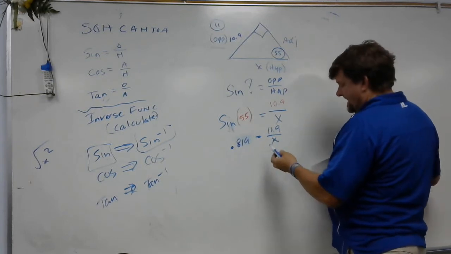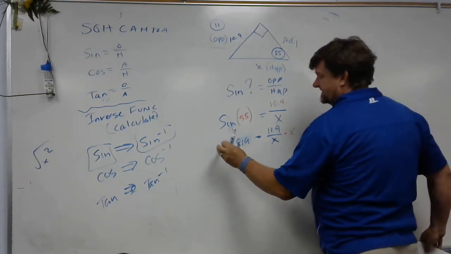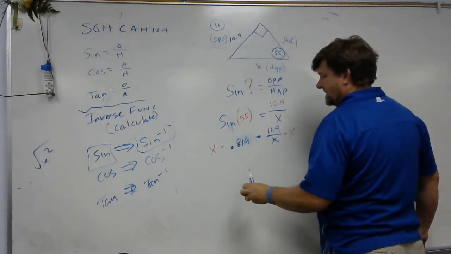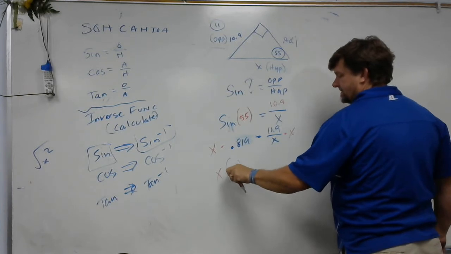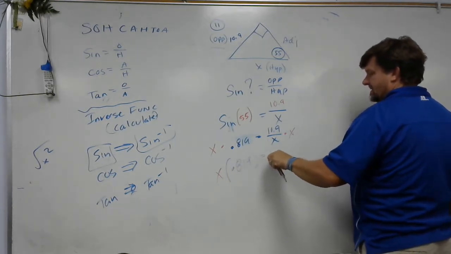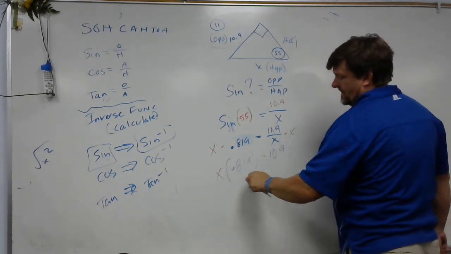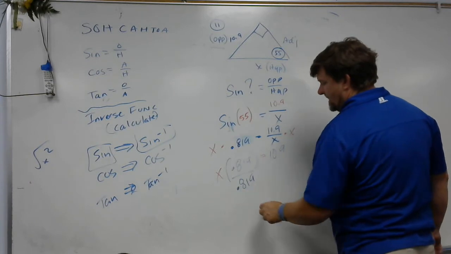So I got to get rid of the x, so I'm going to times that by x, and I'm going to times this side by x. So now I get x multiplied by 0.819 equals 10.9. How do I get rid of that? Divide that by 0.819.